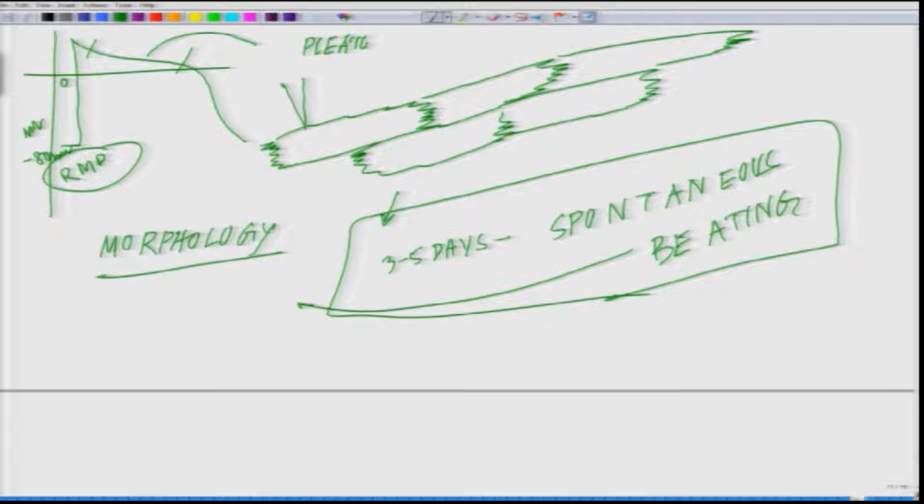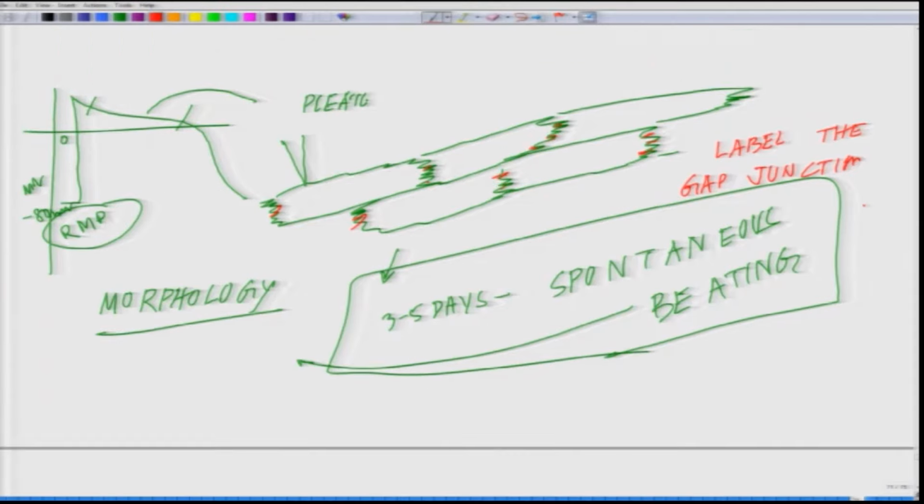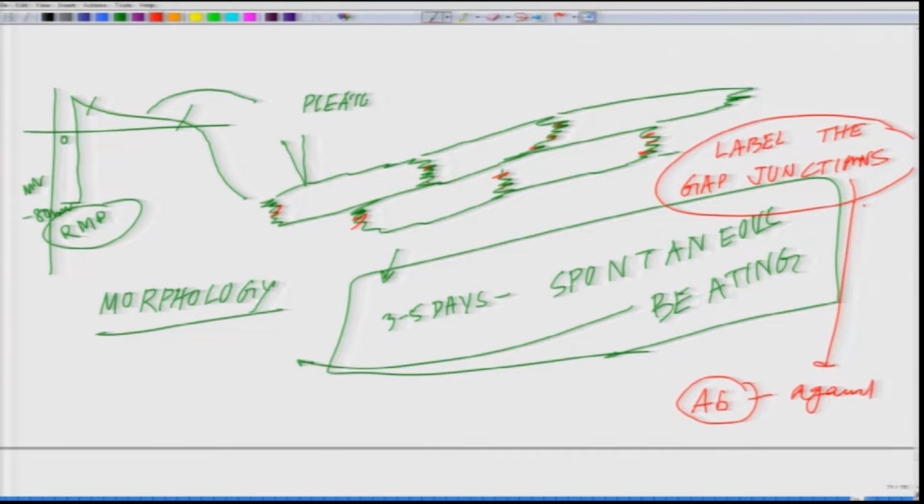Next, you have to label the gap junction proteins. Cardiac myocytes have a lot of gap junctions sitting at different spots. You remember that? Labeling the gap junctions uses antibodies, AB stands for antibodies, antibodies against gap junctions.